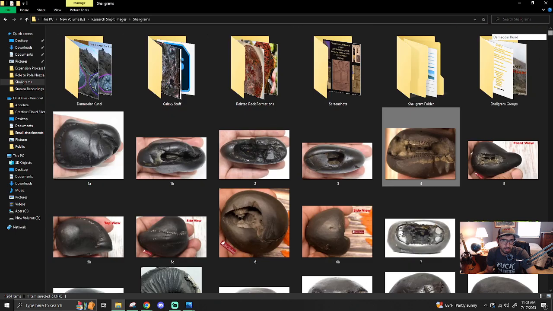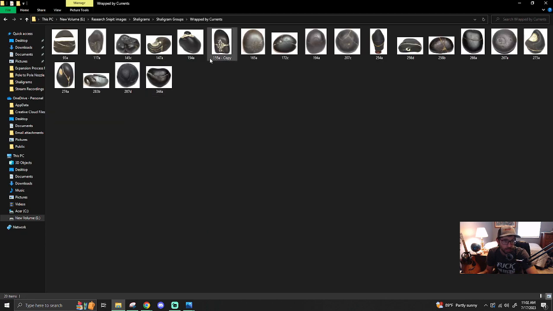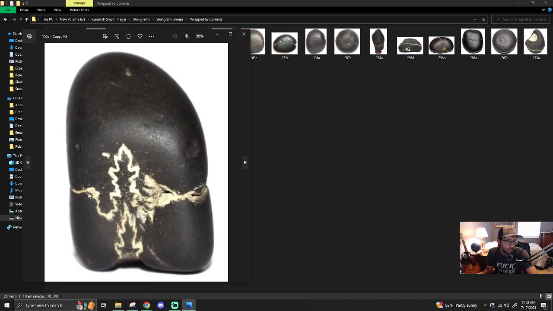Oh yeah. Let's go to here. I'm so glad I did this. Like this one, there's a current wrapping around this rock, just wrapping around like a single belt. But that belt does not fit on this rock. So in order for that belt to lay atop the surface of this rock, it needs to fold.